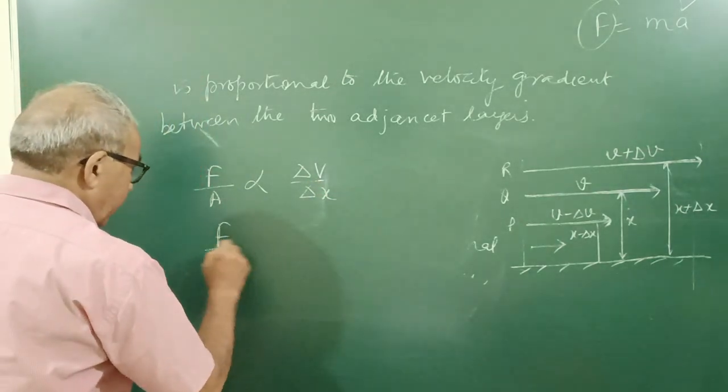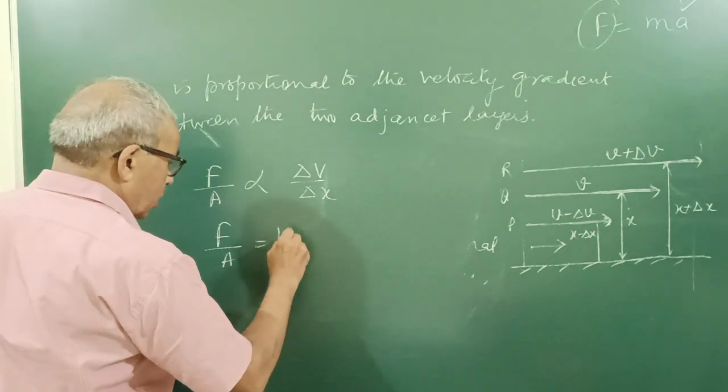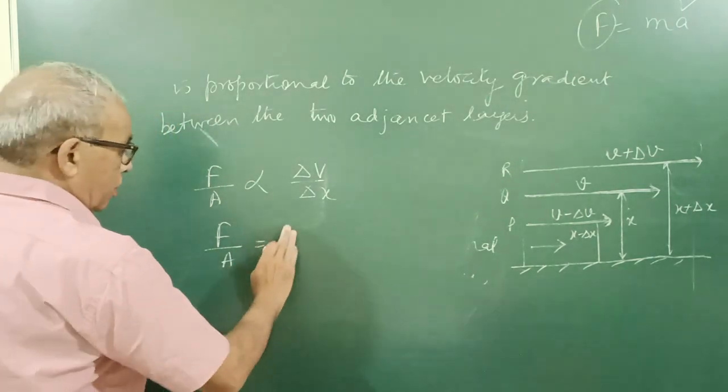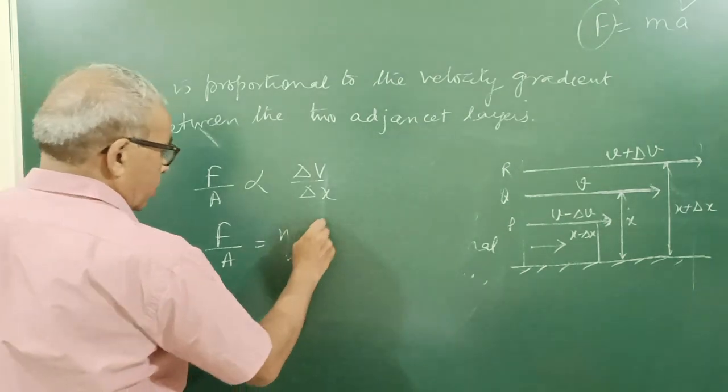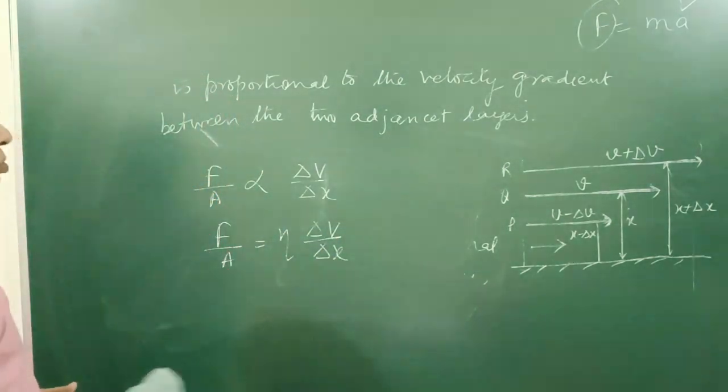And F upon A is equal to eta, this is spoken as eta, delta V upon delta x.